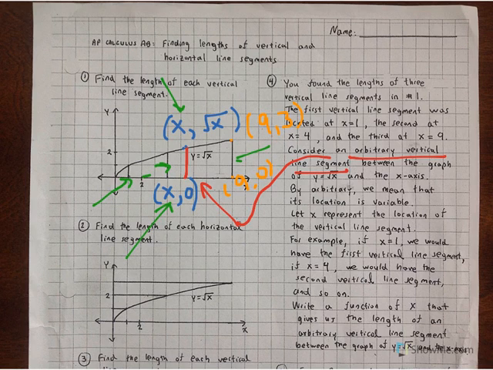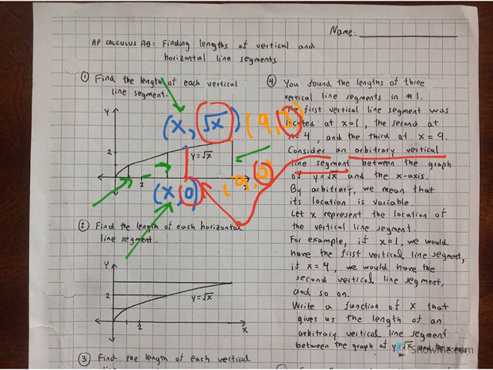You would do this by taking your observation from number 1, in which you found the lengths of the 3 vertical line segments that were given, simply by subtracting the y-coordinates of the top and the bottom endpoints. So we should do the same thing for an arbitrary vertical line segment. We should subtract the y-coordinates of the top and the bottom endpoints.